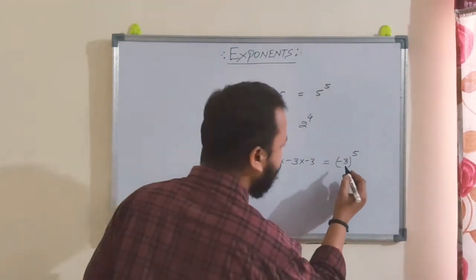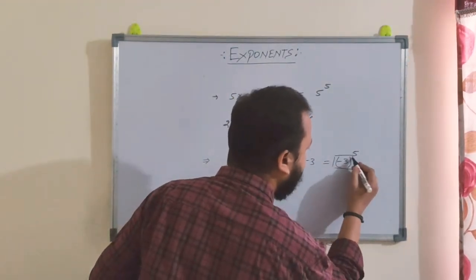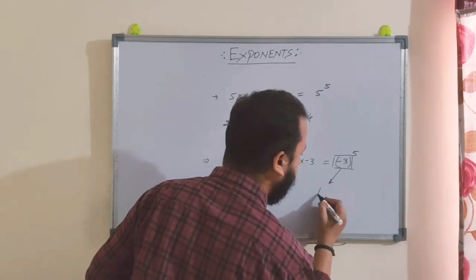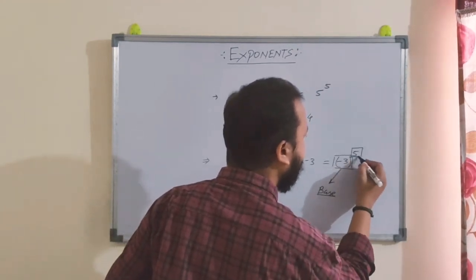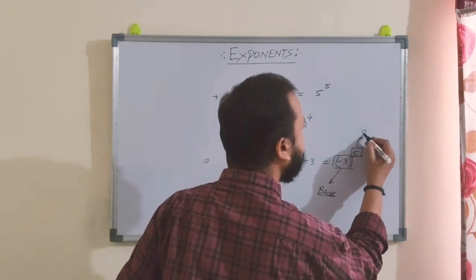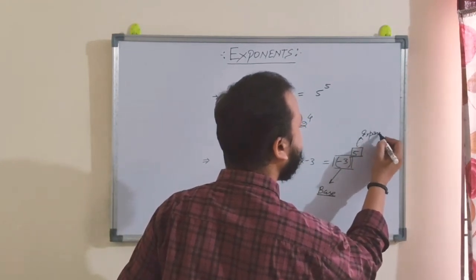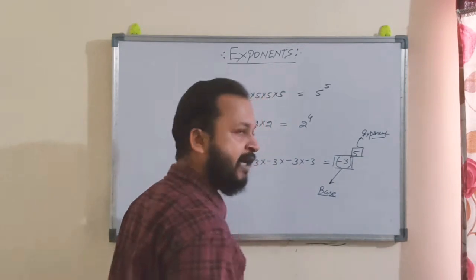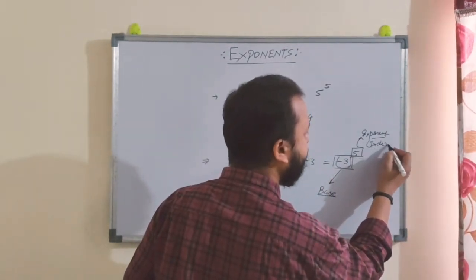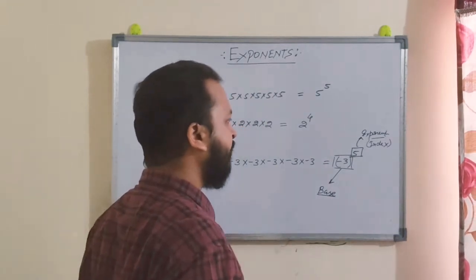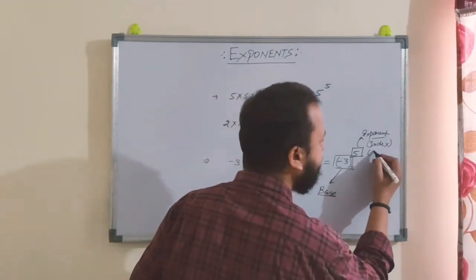So here this value is known as the base, right? And this power is known as the exponent. You can also say index, right? And you can also say power.